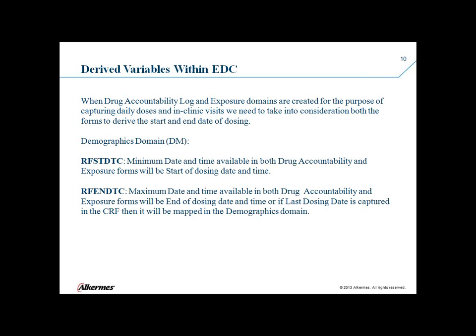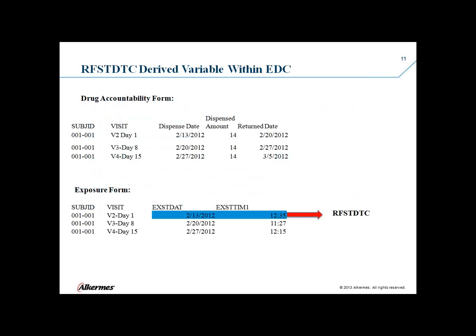In terms of reference end date, the maximum date and time available in both the drug accountability log and the exposure forms will be the end of the dosing date and time. And if the last dosing date is captured in the CRF, then it will be mapped in the demographic domain to reference end date.